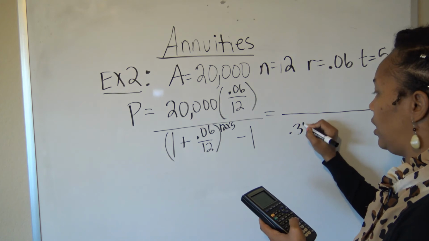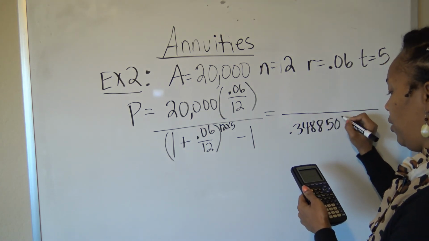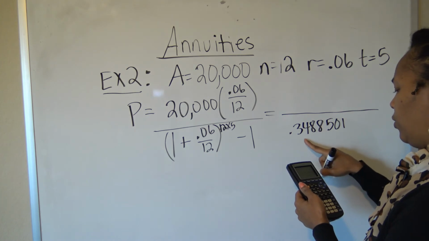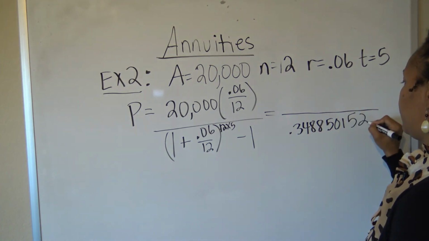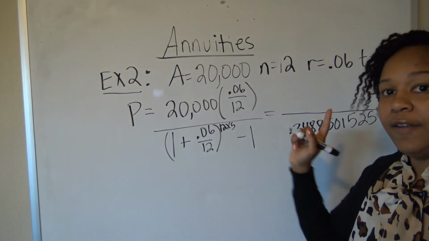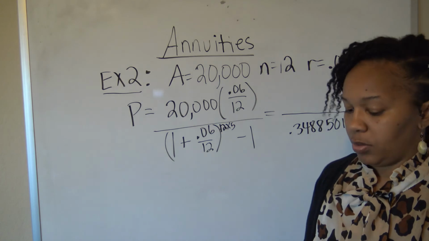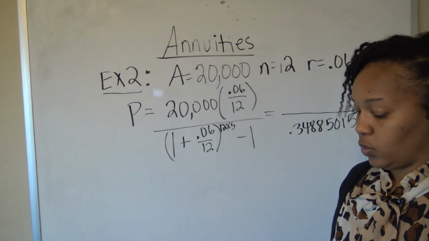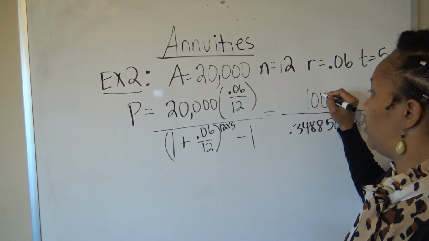So I'm going to write all this out just so you can know what I got when I did the bottom part: 0.34885015... And then for the top part, you would do the 0.06 divided by 12, which is 0.005, times 20,000, and you get 100 in the top.